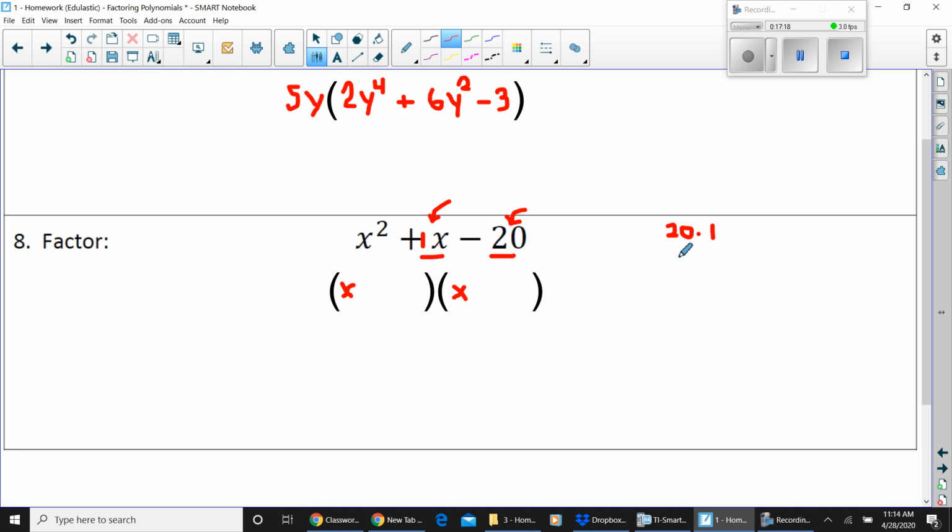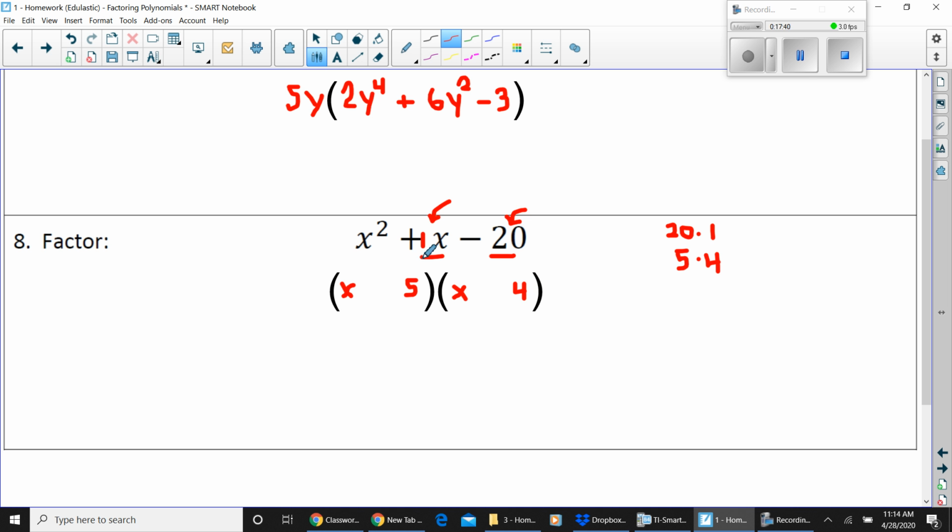So I need numbers that are right next to each other, consecutive. So I know that 5 times 4 is what is going to work here. I could have put 10 times 2, but those aren't consecutive numbers. I can make a 12 or an 8 out of it.